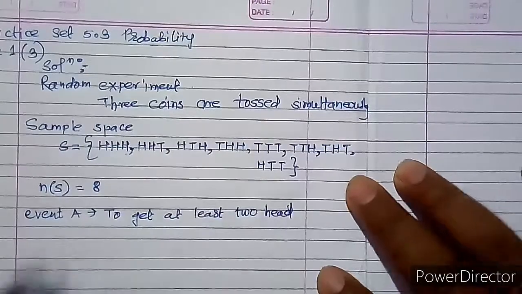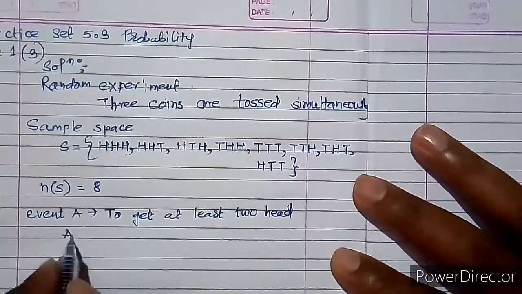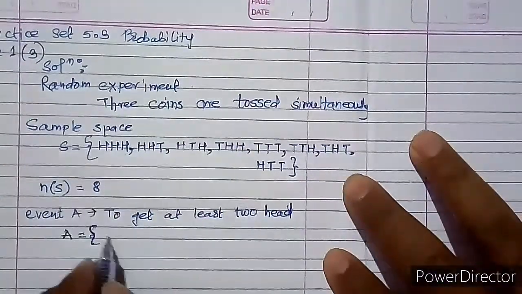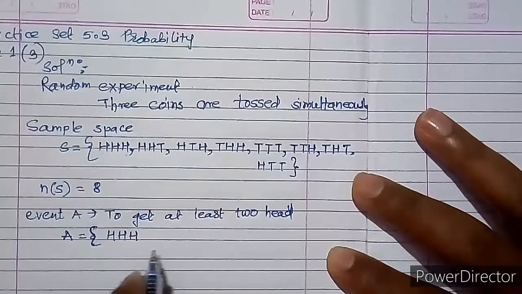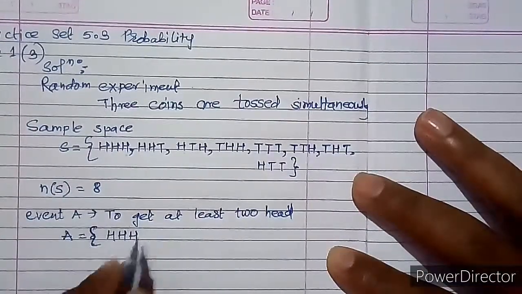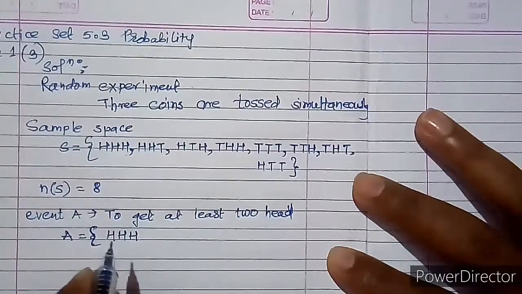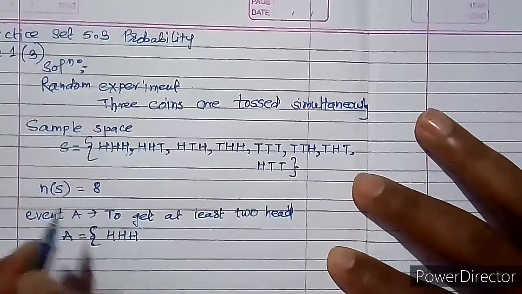At least two means two or more heads. Here at least 2 means a minimum of 2 or more than 2 heads in the outcomes are allowed. Now write down the set of such outcomes which have 2 or more than 2 heads.